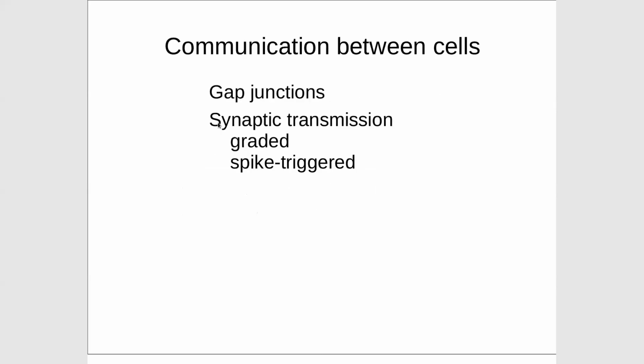So we need to talk about communication between cells and how that is set up. Well, generally speaking, communication between cells that is synaptic or pseudosynaptic can be regarded in two categories. One is gap junctions, the other one is chemical synaptic transmission, which would be graded or spike triggered, depending on the synapse in question.